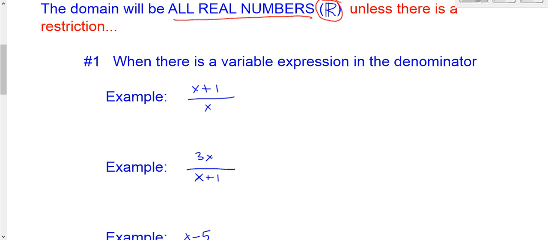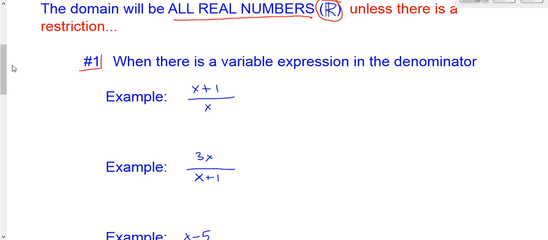The first restriction is when there is a variable expression in the denominator. The numerator, it doesn't matter. We could have a variable expression in the numerator. But if we have a variable or a variable expression in the denominator, that's when we have a problem.